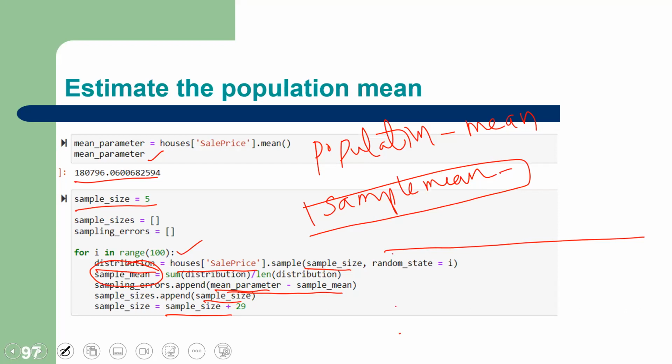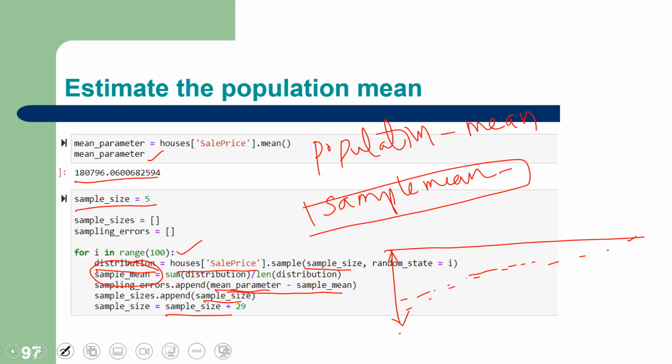I will have a higher sampling error. So when I increase it, automatically I will be tending towards the population mean. That's what we are trying to do: estimate the population mean based on the sample.